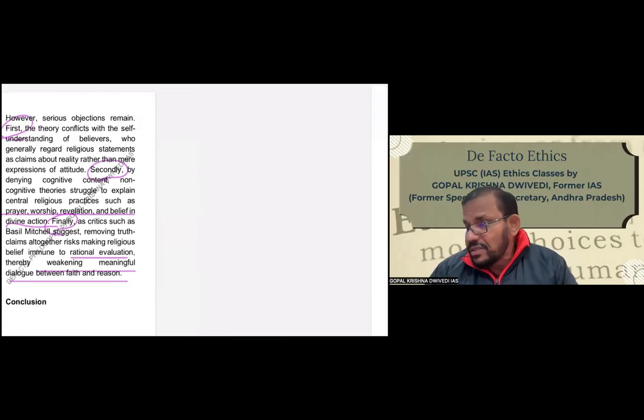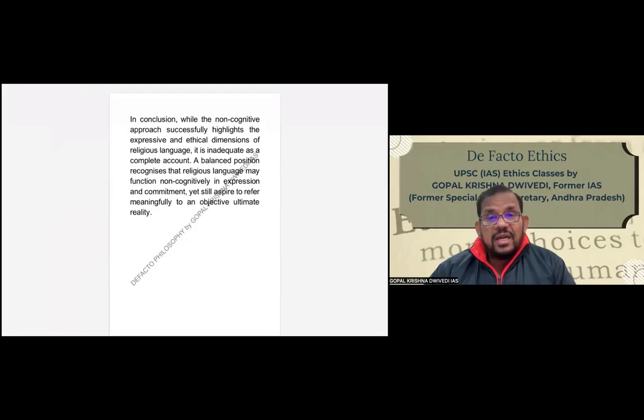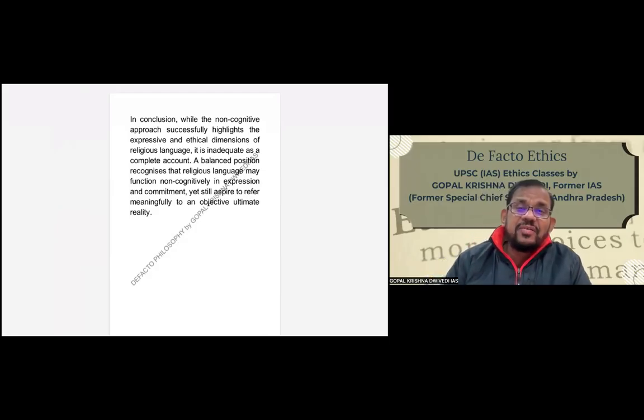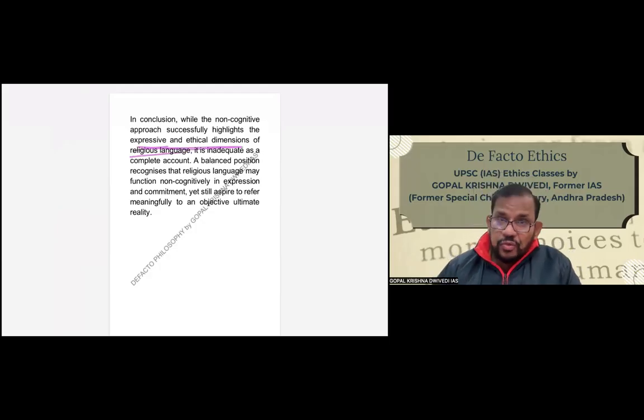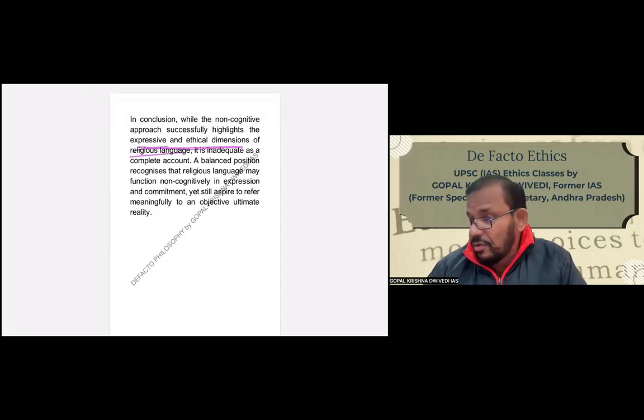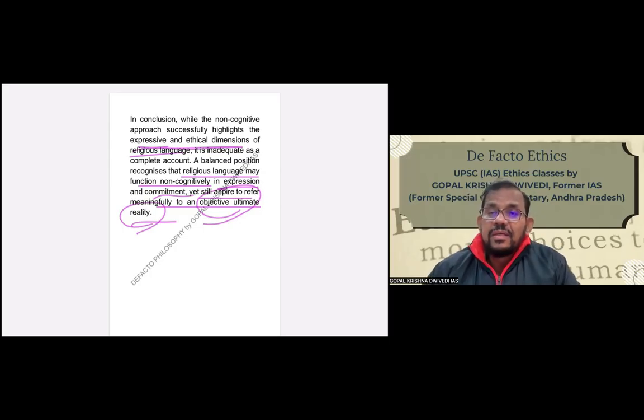Now, in concluding remarks, we can definitely say that while the non-cognitive approach successfully highlights the expressive and ethical dimensions of religion, because of the usefulness they describe, yet it is inadequate as a complete account. A balanced position recognizes that religious language may function non-cognitively in expression and commitment, yet still aspire to refer meaningfully to an objective ultimate. This is the thing which is lacking in the non-cognitive view of religious language.